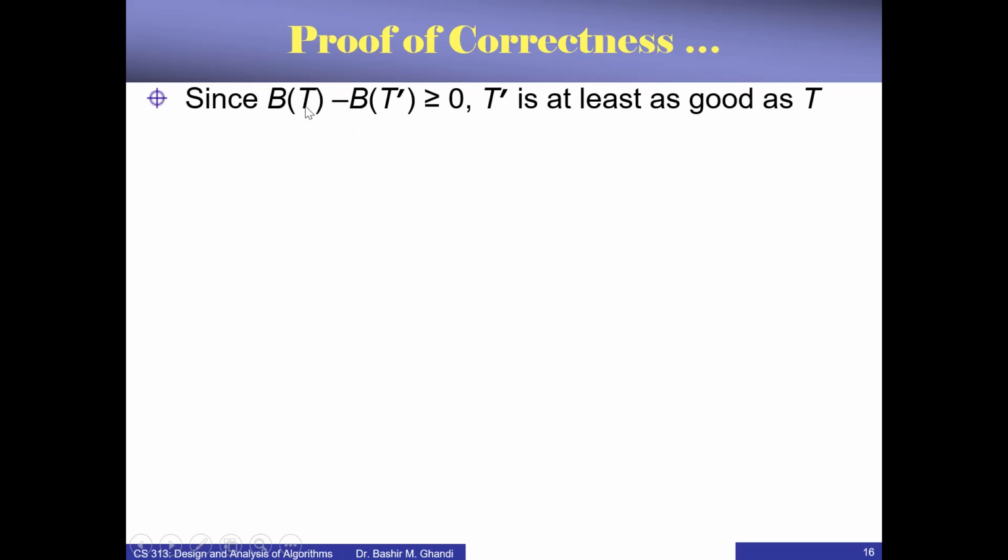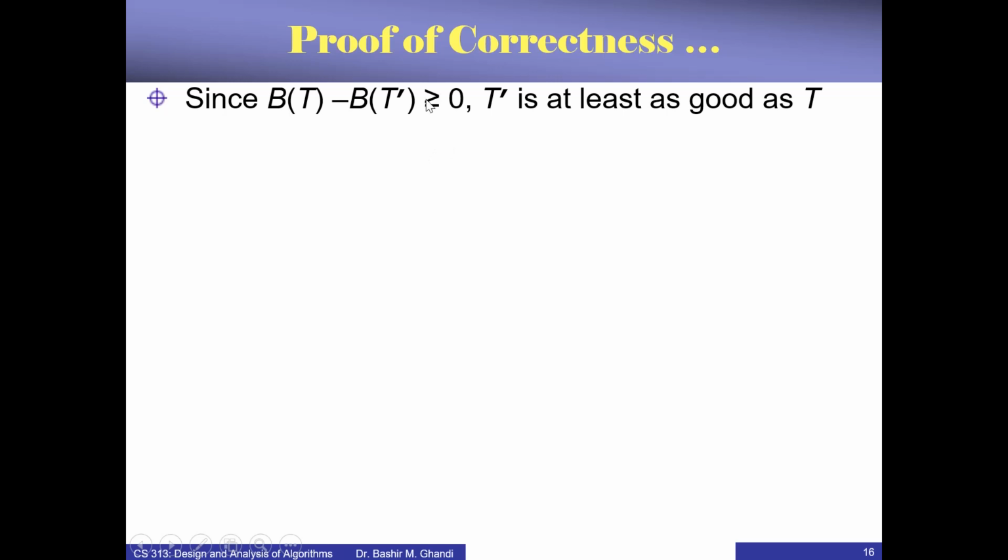Remember, T is assumed to be optimal. So we now find T prime, and its cost is supposed to be more if T is optimal. If you subtract something more from something less, you should get negative, but we are not getting negative. We are getting 0 or more.